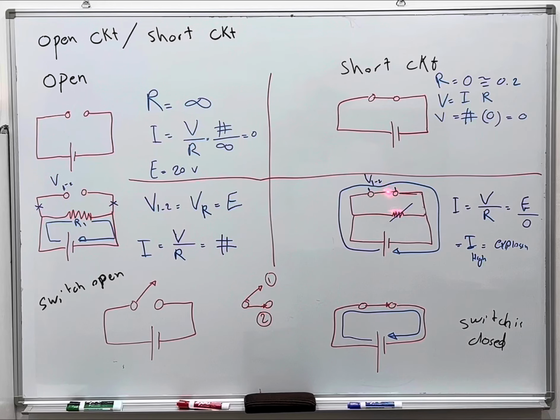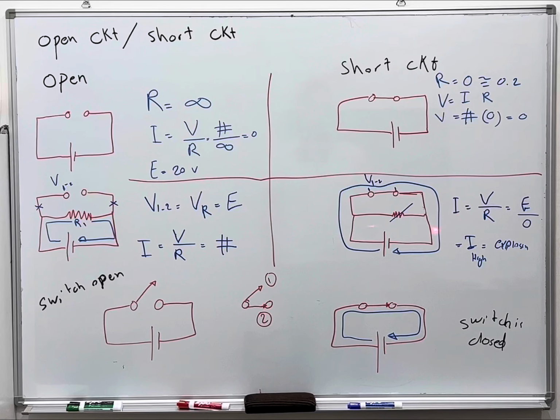Even if you go through in parallel, most of the current will go here, like 99 percent, because the resistance is almost zero, or 0.2. So you can assume this one is not working and most of the current goes through this one, and you can delete this resistance and it would be something like this. Even if there is a resistance here, because this line is parallel to this resistance, it will effectively delete it.